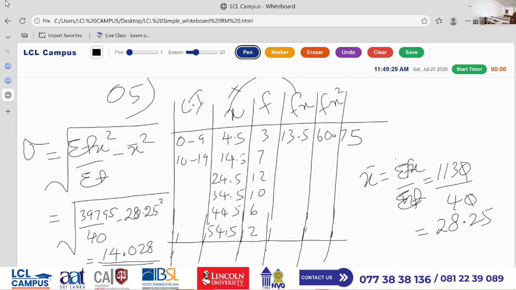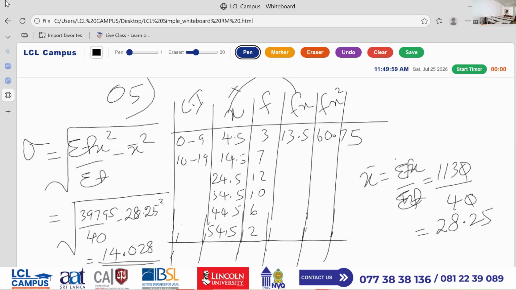SD, 4.5 shift comma frequency, how much? Frequency, then M plus. Frequency how much? 3 M plus.